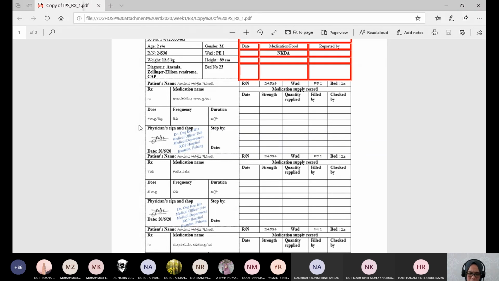So other than salbutamol, what other questions? In the outpatient, in the inpatient slide. There are 3 questions, right? Okay, what is the other one?